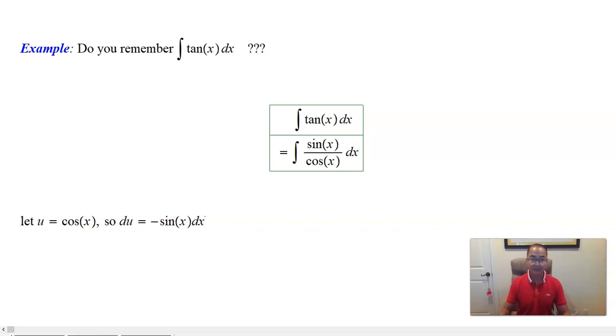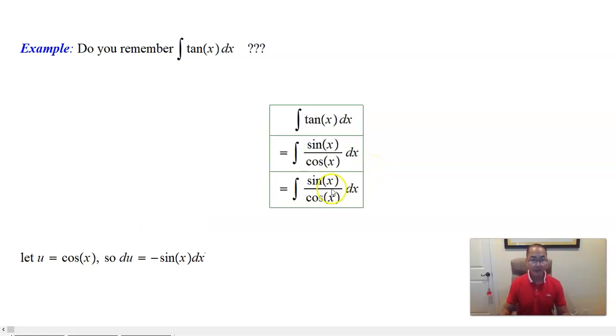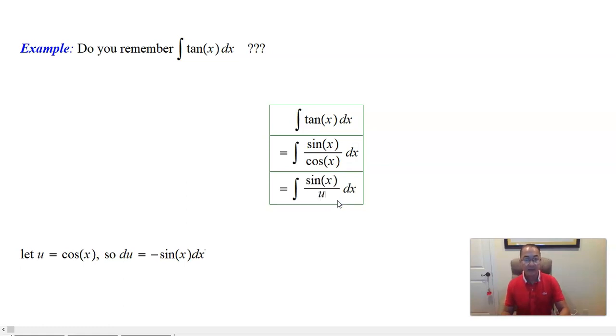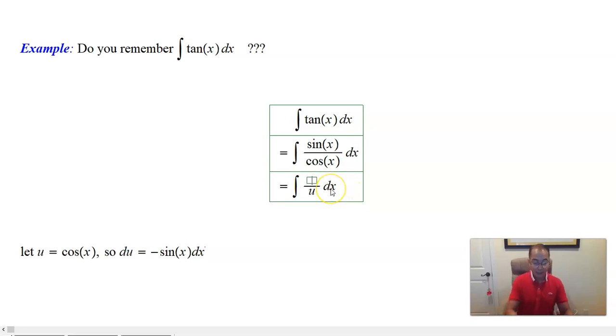There's a minus sign. So our denominator is our u, but sine x dx is negative du. So I'm going to erase that, and I'll put a minus 1 up here, minus 1 du.